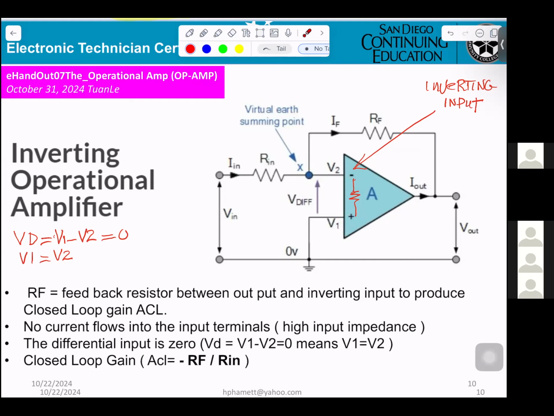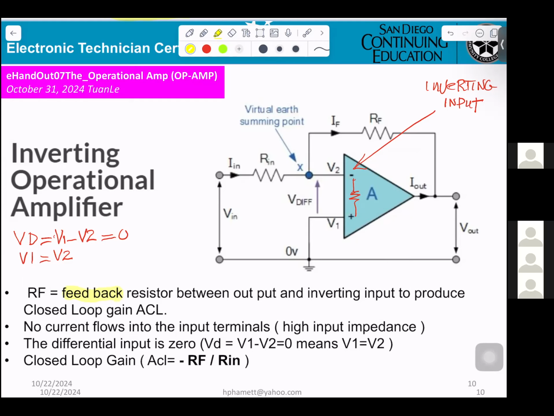And if you look into the circuitry, you can see this is the input resistor, Rin. That RF means feedback resistor. See that? Feedback resistor.